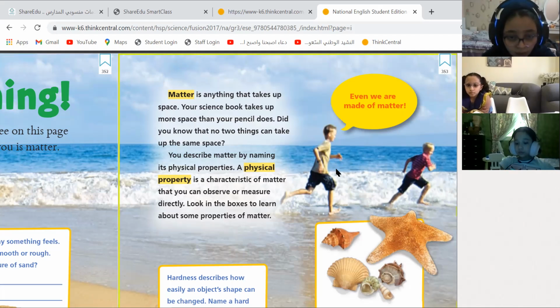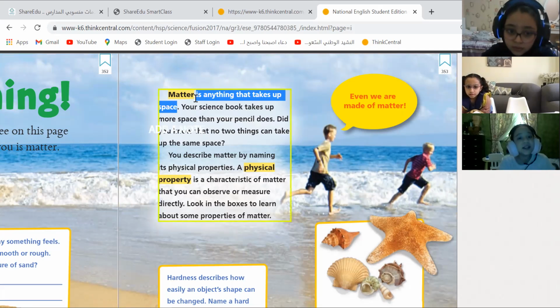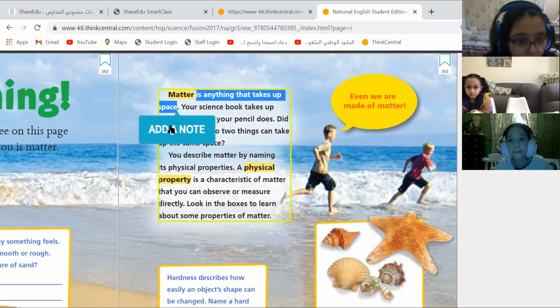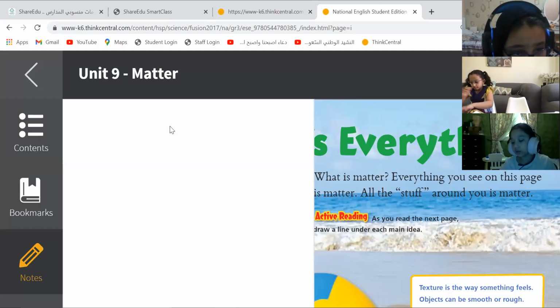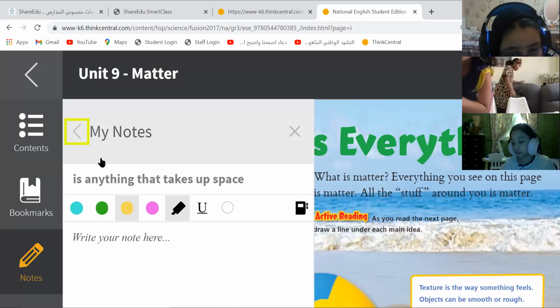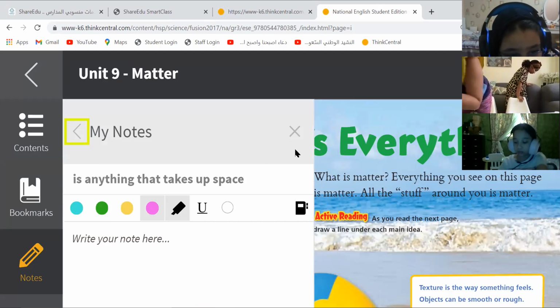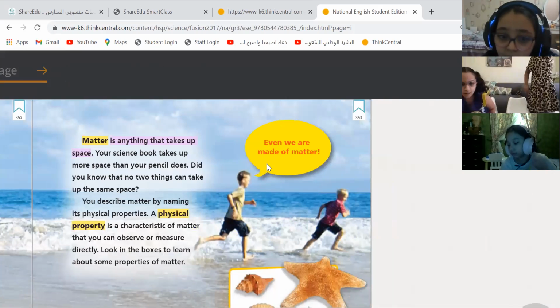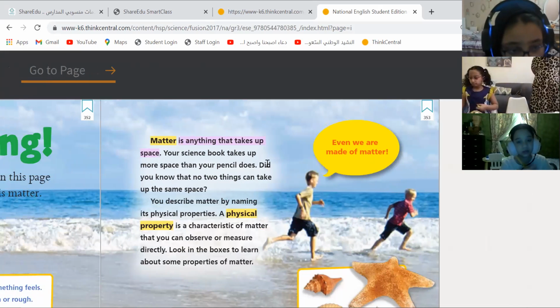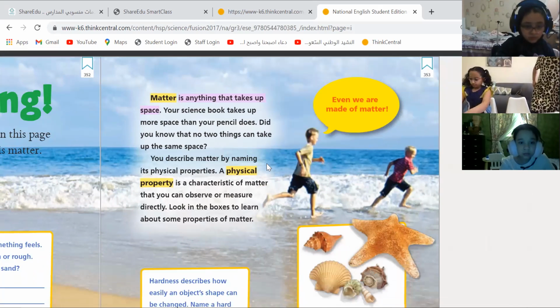Does matter mean the things of nature? Let's see, which page again? 353. Matter is anything that takes up space, and it must have a weight. Excellent, excellent.